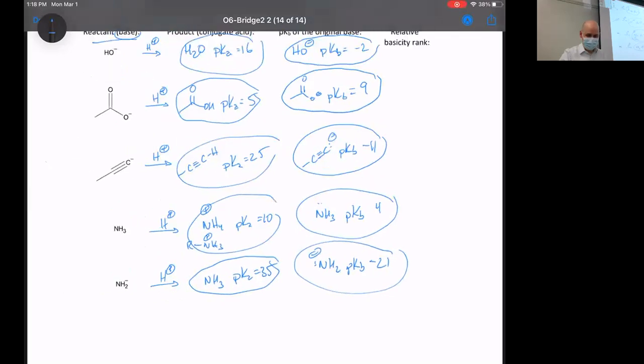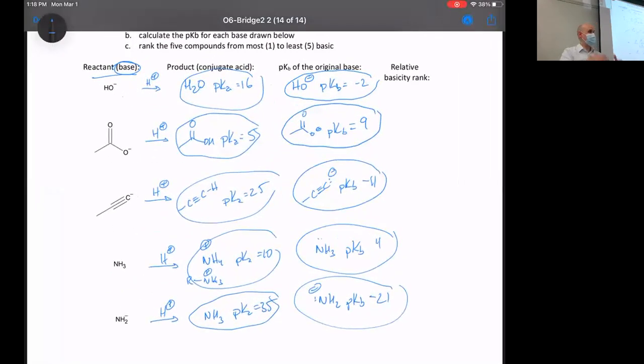In fact, when we look at these values, once again, the more negative, the stronger you are of whatever. So a really negative pKa, which I didn't give you any that had a negative pKa, but this carboxylic acid at a 5, this would be the strongest acid on this list. Therefore, its conjugate would be the weakest base on the list. So the ranking of the conjugate acids and the ranking of their conjugate bases would be inversely proportional.